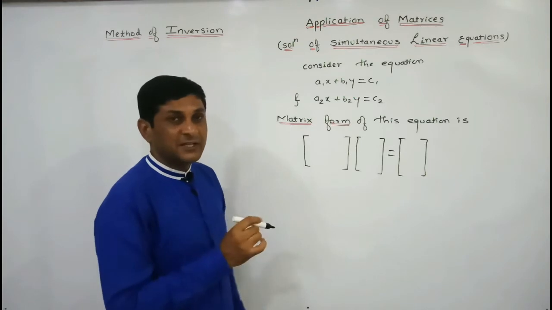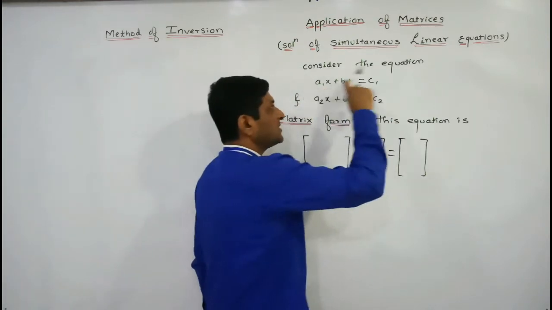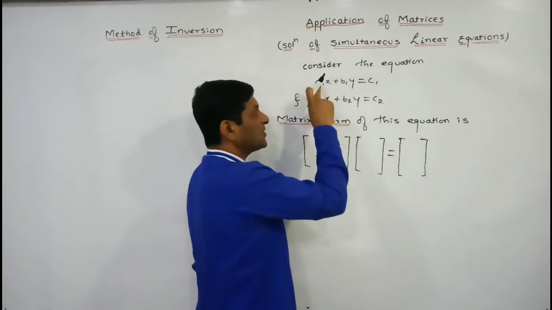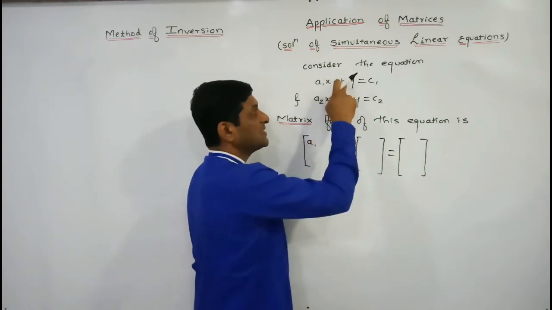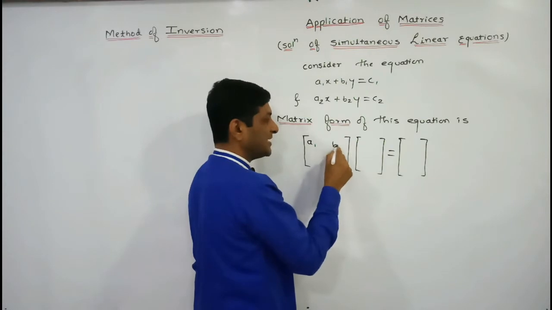While writing the equation in the matrix form, observe the first equation very carefully. Here what is the coefficient of x? That is a1. Then write down the coefficient of y, that is b1.